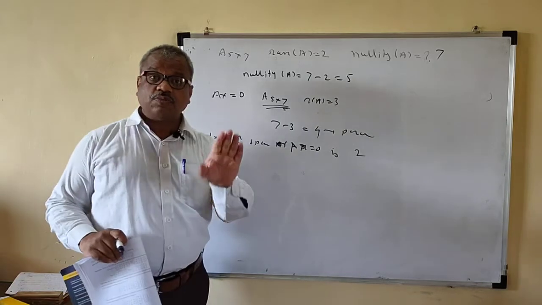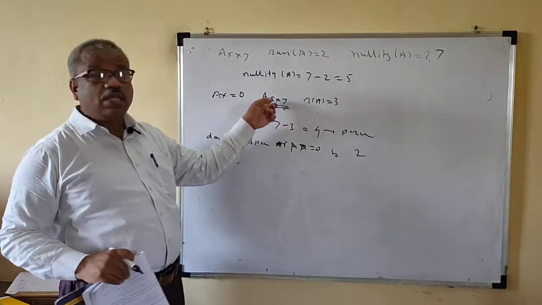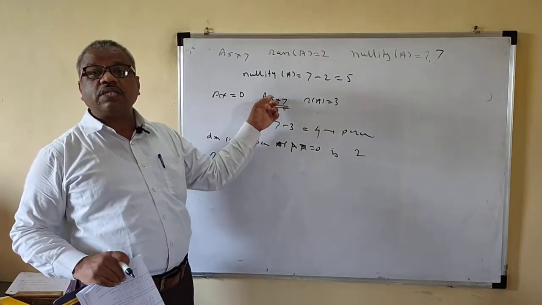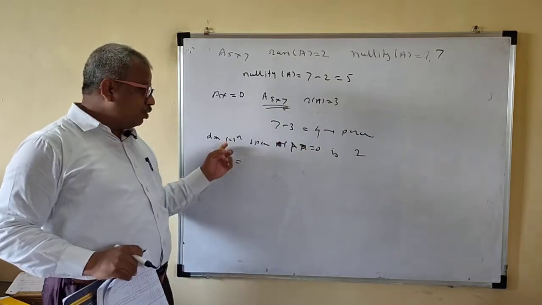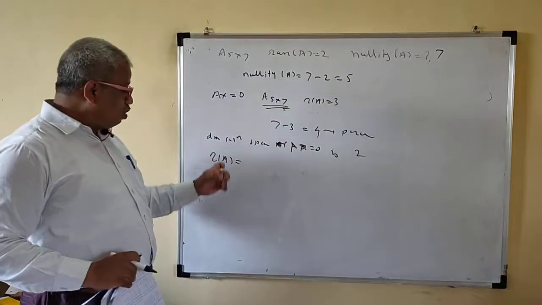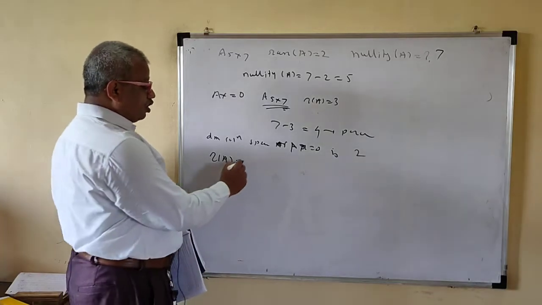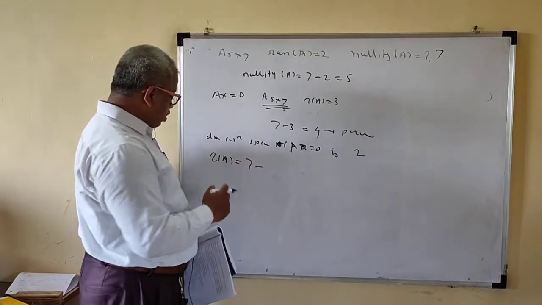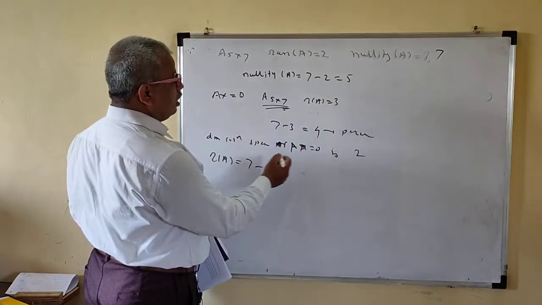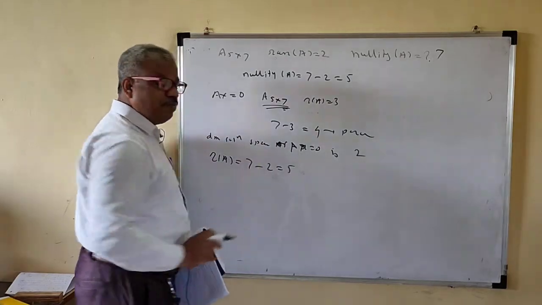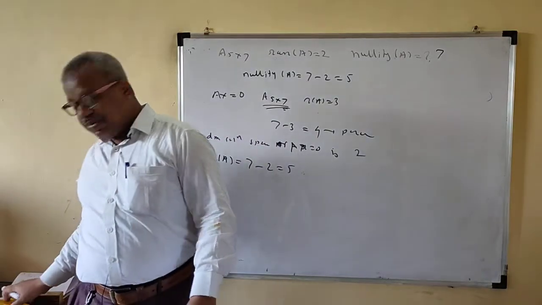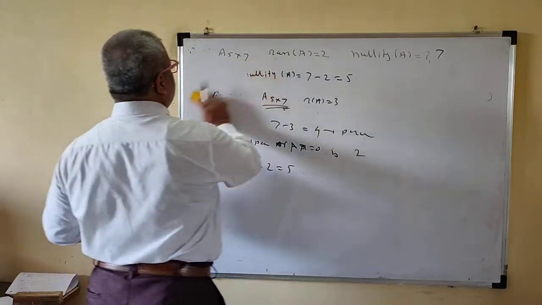The dimension of the solution space is nothing but the dimension of the null space of A. And the dimension of the null space of A is nothing but the nullity of A. So you have been given that the nullity is 2 and you want the rank, right? So the rank is the number of columns minus the nullity. Now the nullity is 2, so the rank of A will be 5. Okay. So remember this application of the dimension theorem.